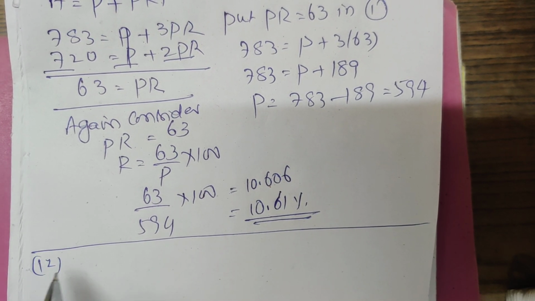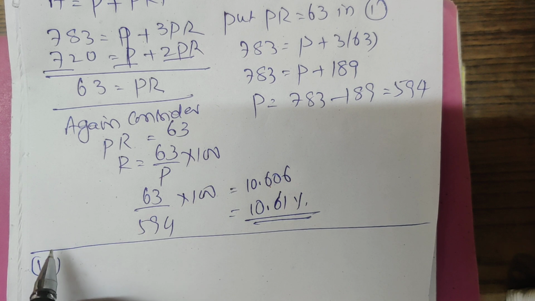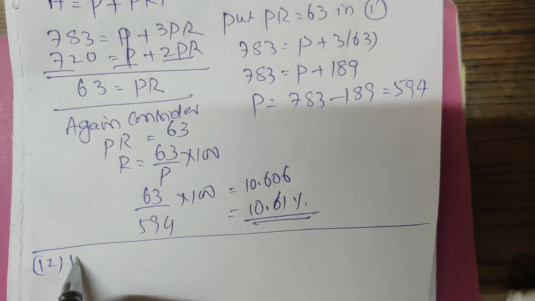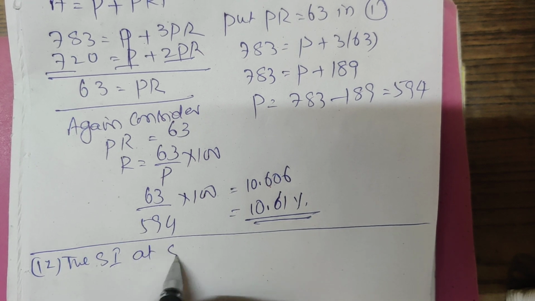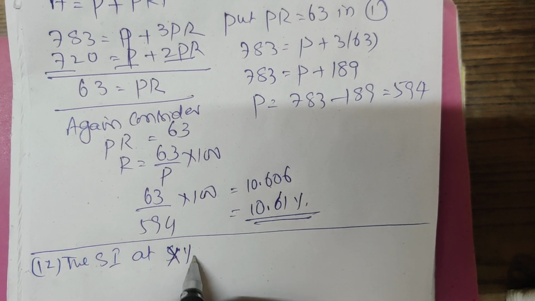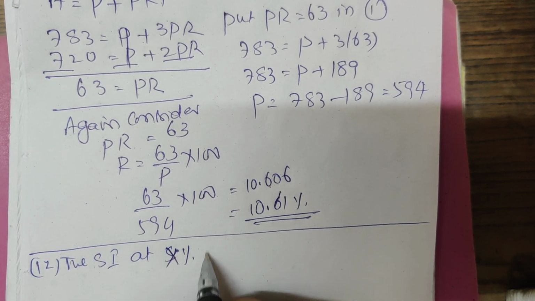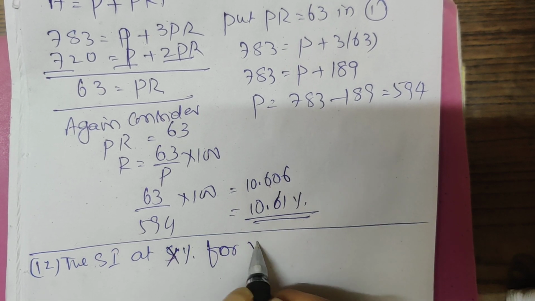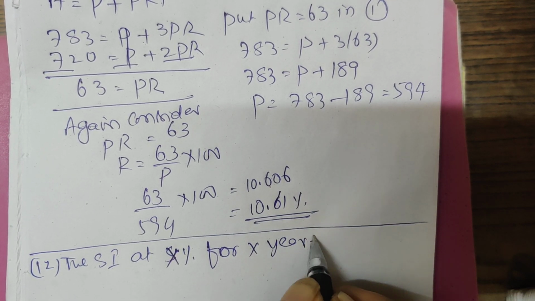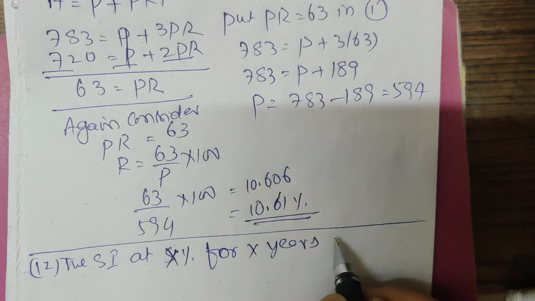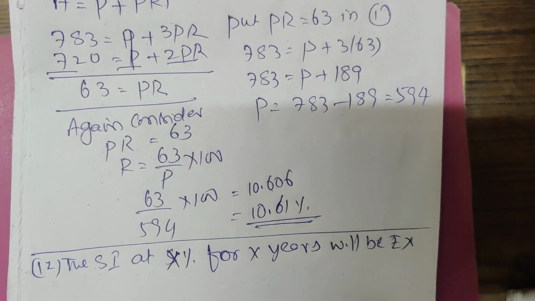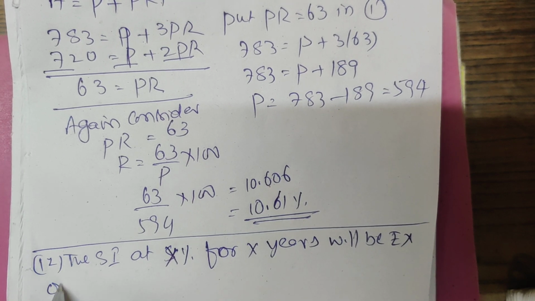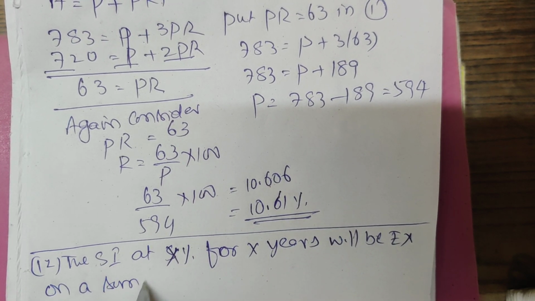Question number 12. The simple interest at x% for x years will be rupees x on a sum of x.